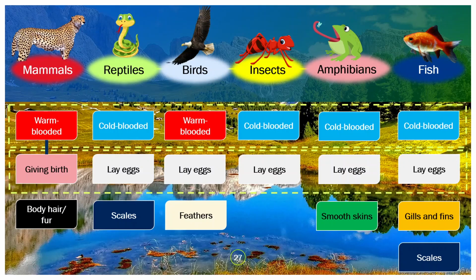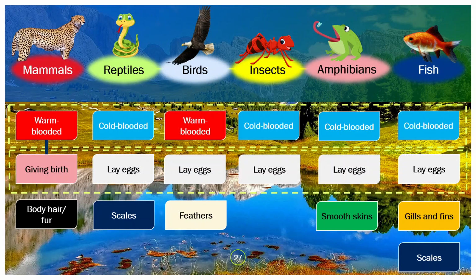And if the environment is hot, their body temperature will also follow the environment, which is hotter. For the mammals, their body temperature will remain almost always the same. So only mammals and birds are warm-blooded. And for the next row, only mammals give birth, and the rest of the five groups lay eggs. Okay.